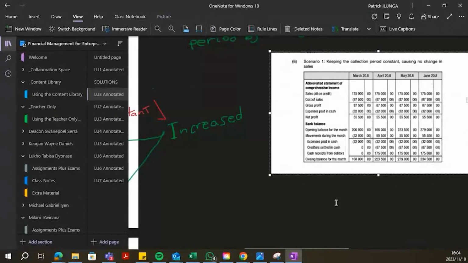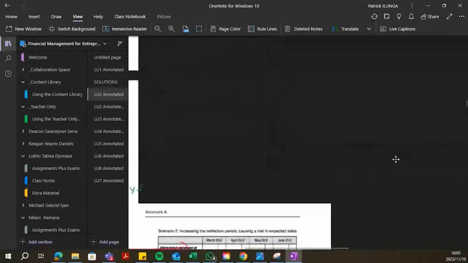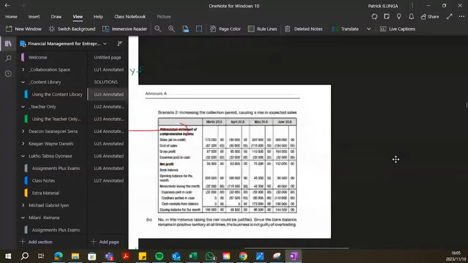So when you are paying your creditors and you are also collecting the money in the same month, one month later, you get more money, more profit. But when you are paying your creditors first and then you collect money later, it's affecting your profit.